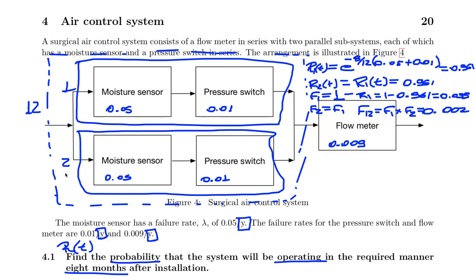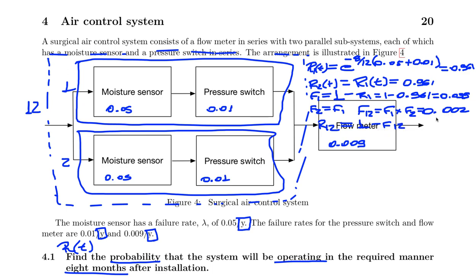Now I know the unreliability in here, everything in here. I need to solve the reliability of the whole system. So I need to find the reliability of the parallel system. The reliability R1,2 will be 1 minus F1,2.